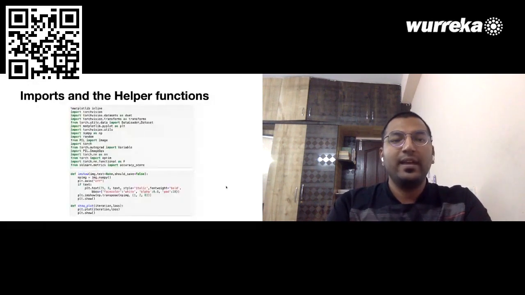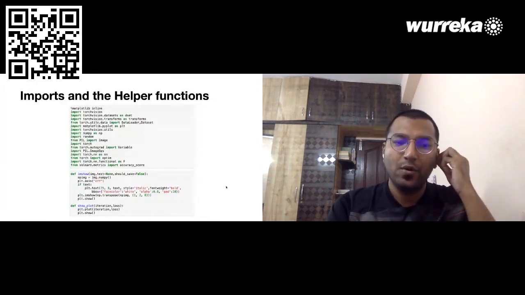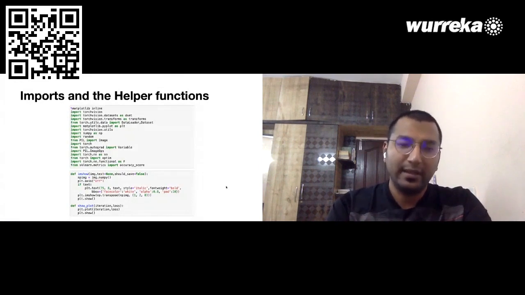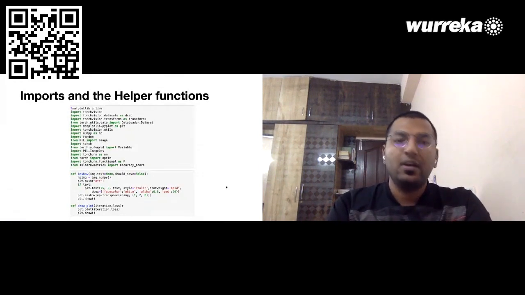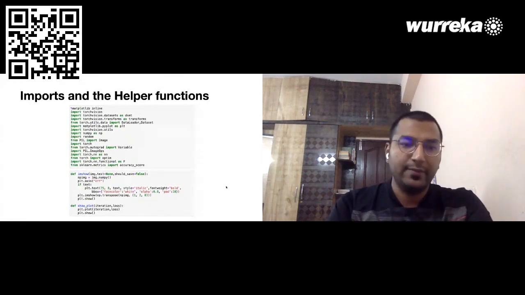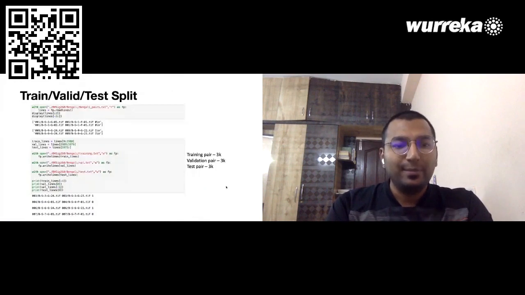First, we define all the imports and the helper functions to plot the loss function or to visualize the images. Then we split the dataset into 3 parts: the training, the validation, and the test, each having 3,000 signature image pairs.